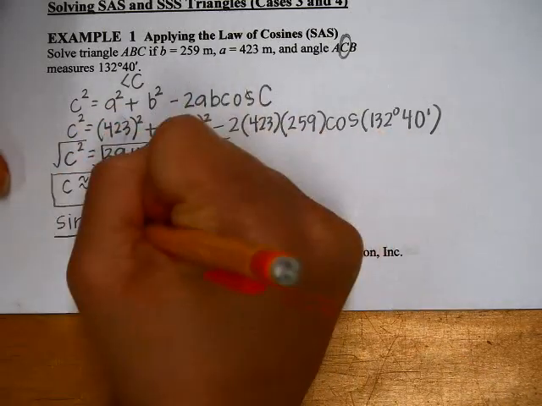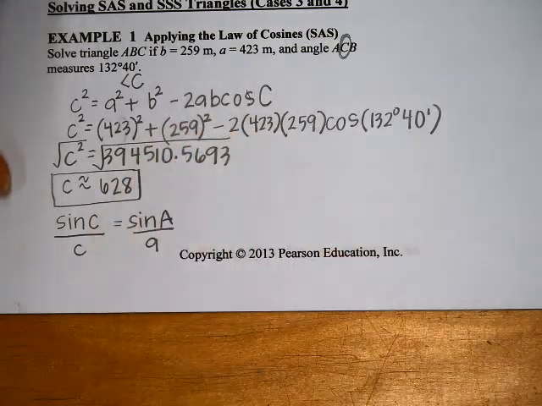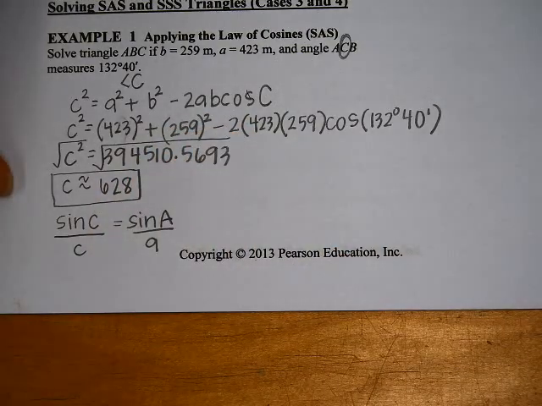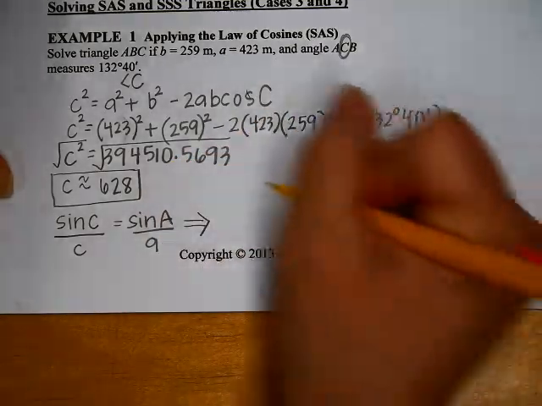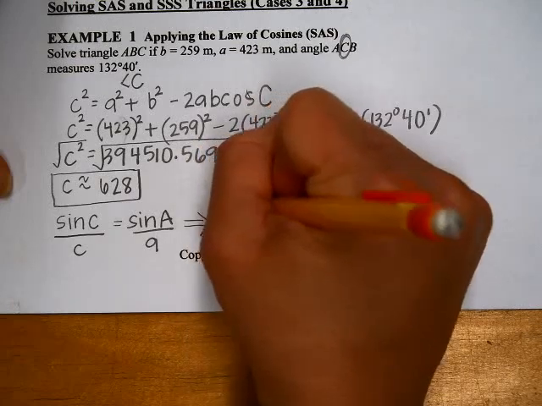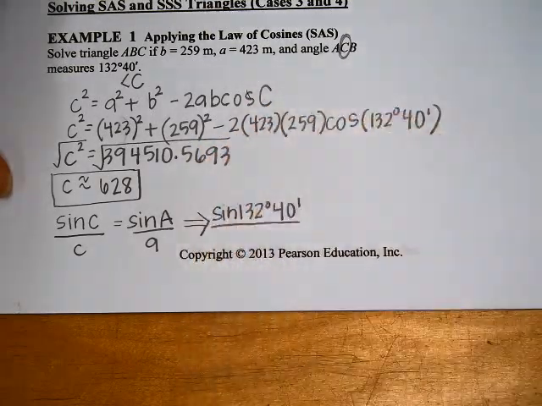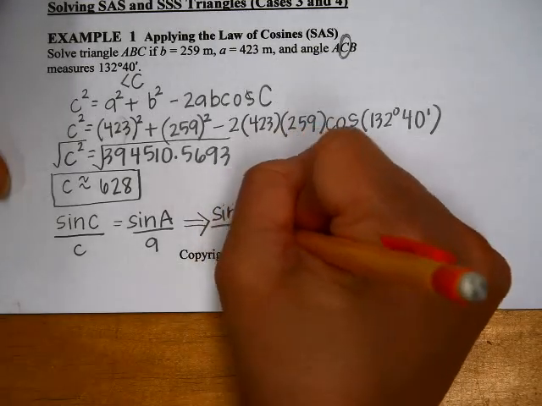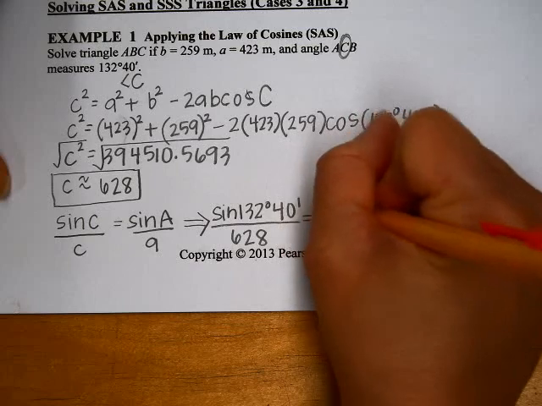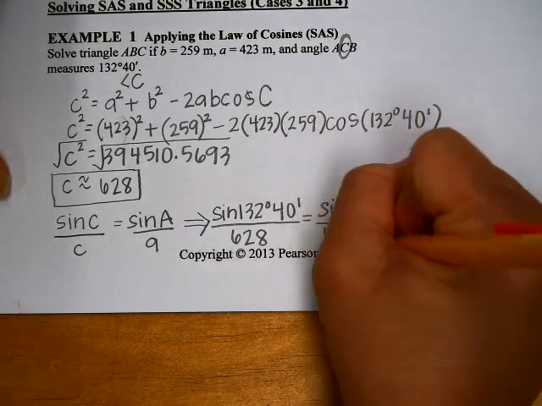Alright, so here we go. Sine of big C over little c equals sine of big A over little a. I'm out of room, so I'm going to do it this way. Sine of 132 degrees, 40 minutes over 628 equals sine of big A over 423.